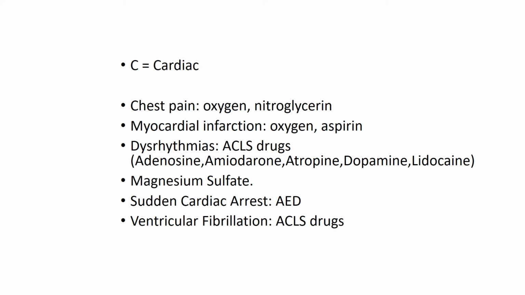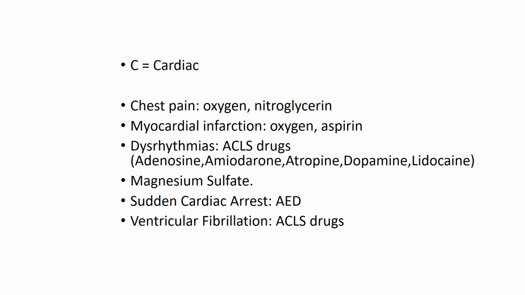These are examples of medical emergencies of cardiac origin. We have chest pain, myocardial infarction, dysrhythmias, sudden cardiac arrest, and ventricular fibrillation. Pharmacological agents that can be used for chest pain are oxygen and nitroglycerin. For myocardial infarct, we can prepare oxygen and aspirin.